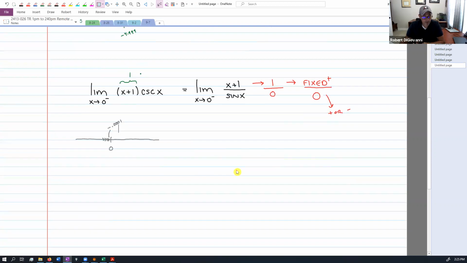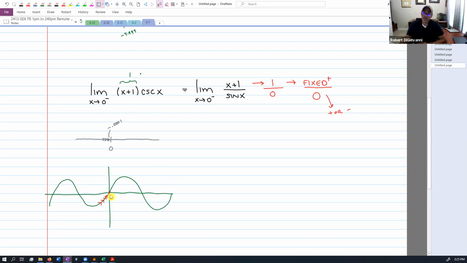So what would help us here is if we knew what sine looked like. And we all know the sine function looks like this, right? And we're approaching 0 from the left, which means I need to draw the sine function backwards a little bit and approach 0 from the left. So here's 0 on the x-axis. I'm approaching from the left.